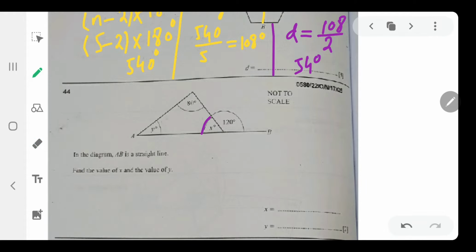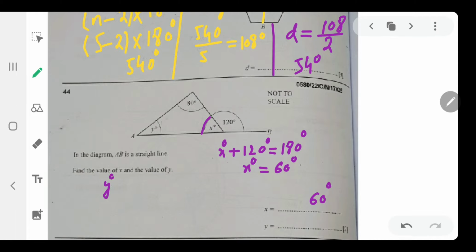Because we know that the sum of x degrees plus 120 degrees is equal to 180, we can find the value of x, which is 60 degrees. Now if the value of x is 60 degrees, we can find the value of y.